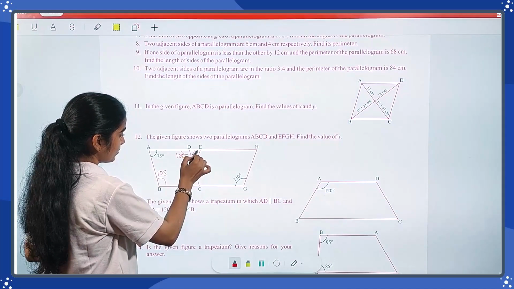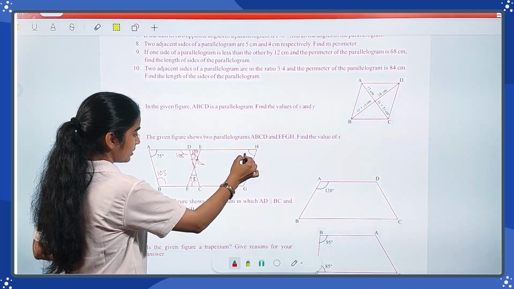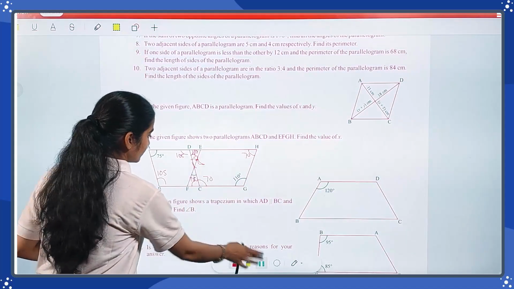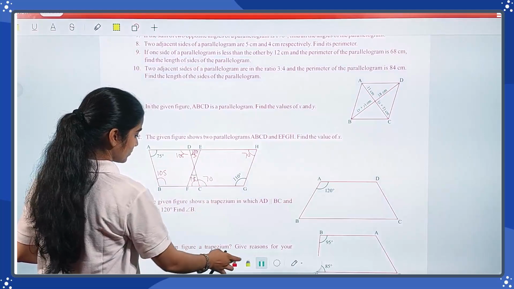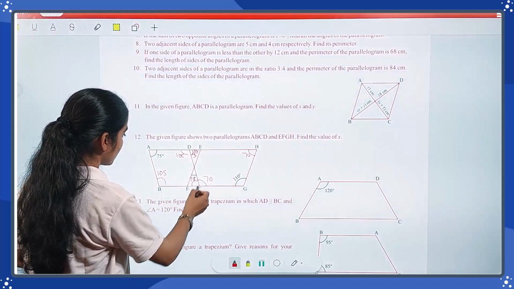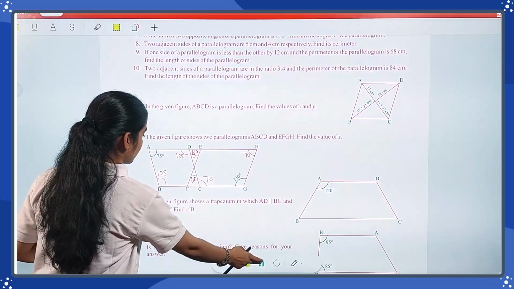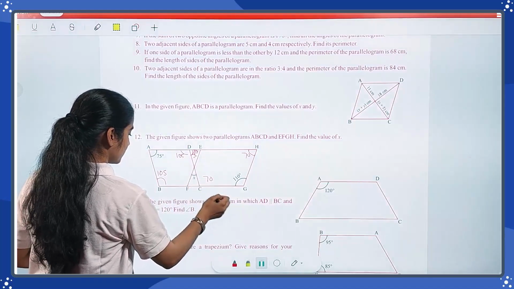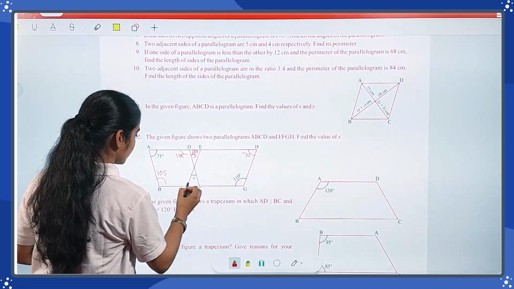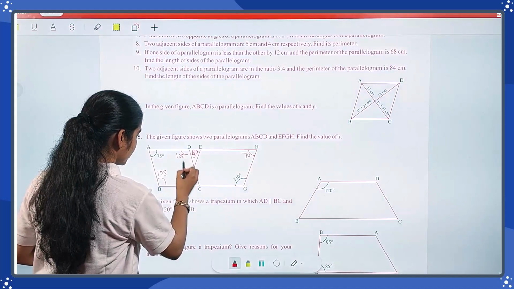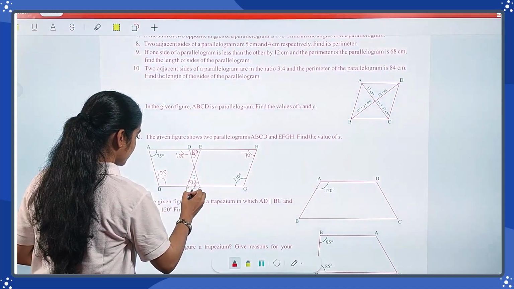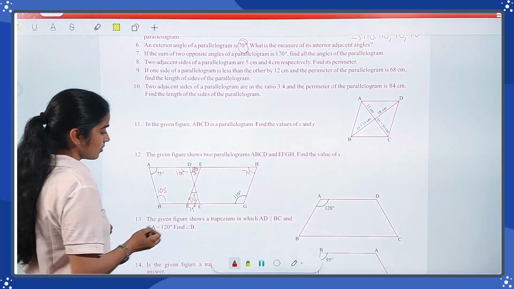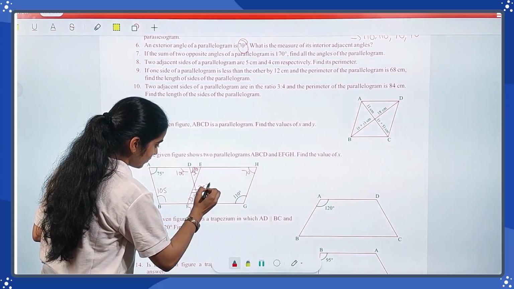This is 110, this is 70, this is 70. This is 70, this is 70, this is 75. 70 plus 75 is 145 and 180 minus 145 is 35. The value of x is 35 degrees.